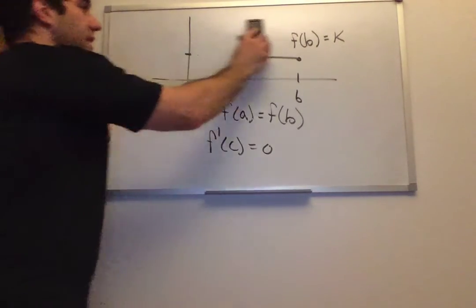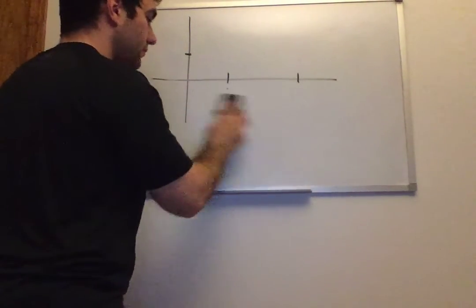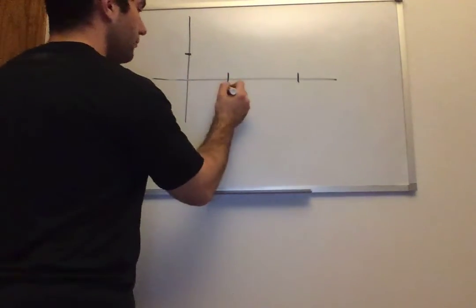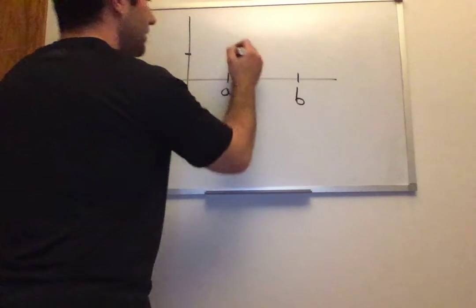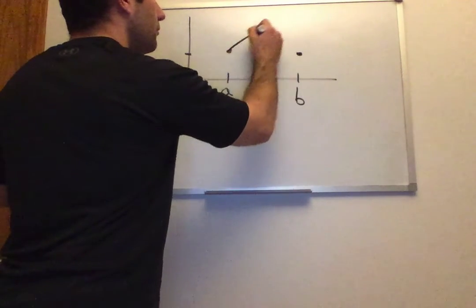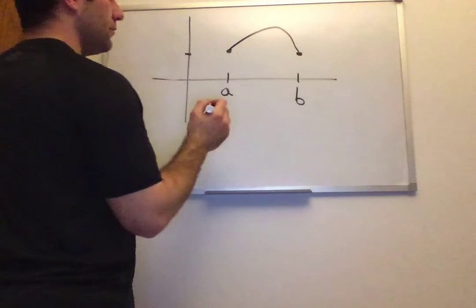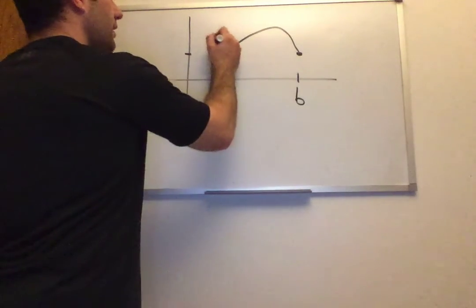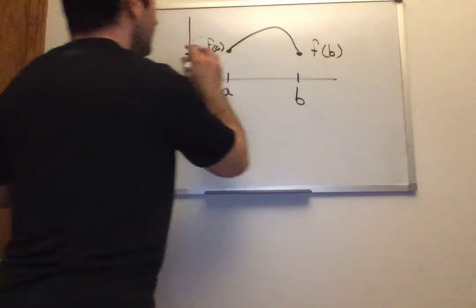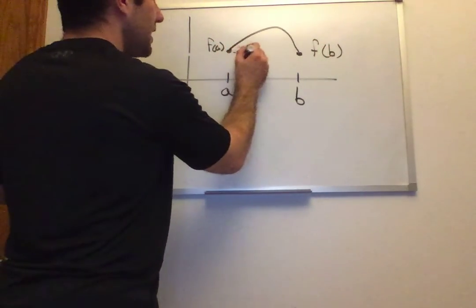So let's look at another case. Right here's a, right there's b. So right here's f of a, right there's f of b. As you can see, they're exactly the same.